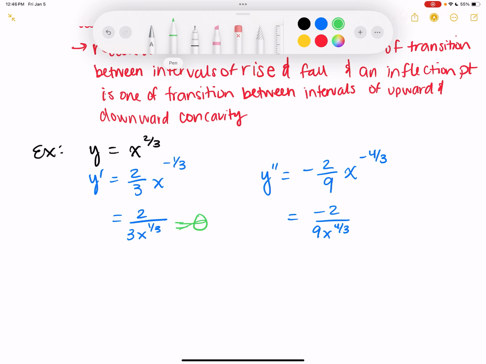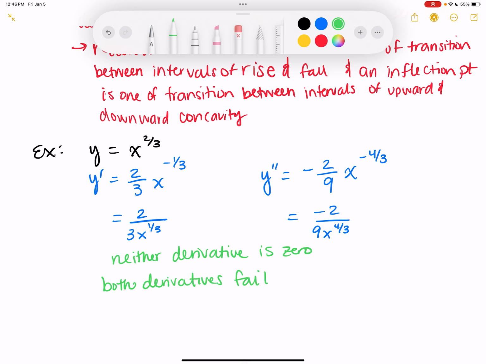There's not one because of the way it is. So, neither derivative is 0. But both derivatives will fail to exist when x is 0, because it's undefined.